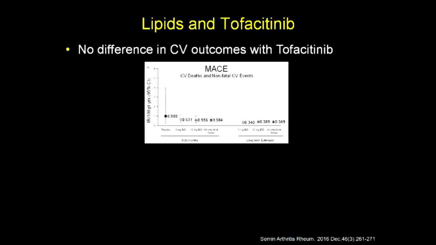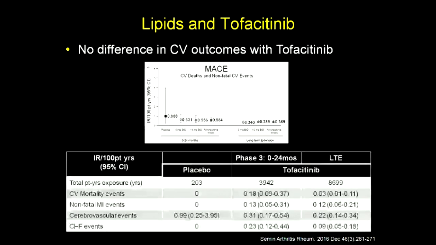And you can really see there's no difference in these outcomes between groups. If you look at individual outcomes, cardiovascular mortality, non-fatal MIs, cerebrovascular events, these rates are all low, and they don't seem to be dramatically different than placebo. So whether this confers an actual cardiovascular risk remains to be seen.